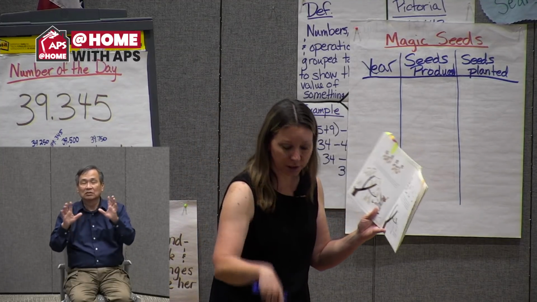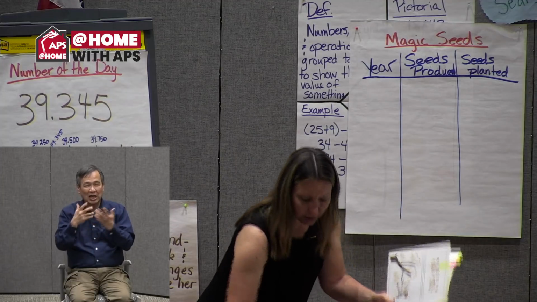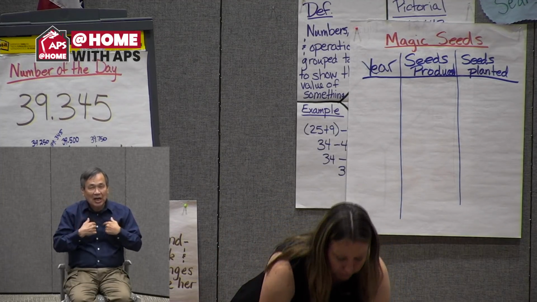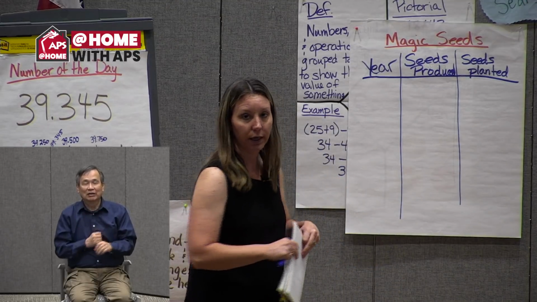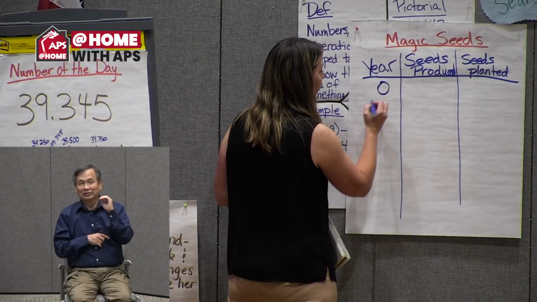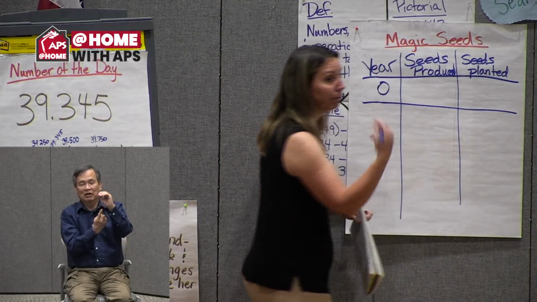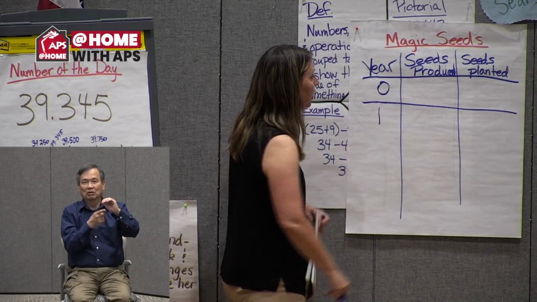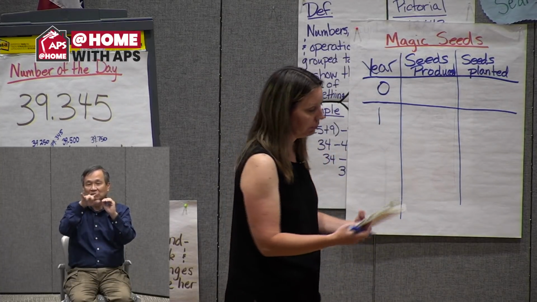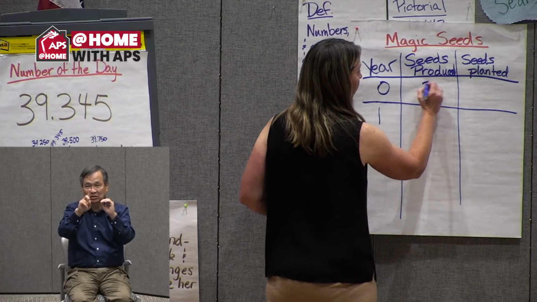So I'm going to do something that you may have seen before or you may not have seen before. I'm actually going to do what's called a year 0. Meaning it's kind of like starting before my very first year because it was the year after. So if I start with year 0, how many seeds were produced? 2 seeds were produced, right?